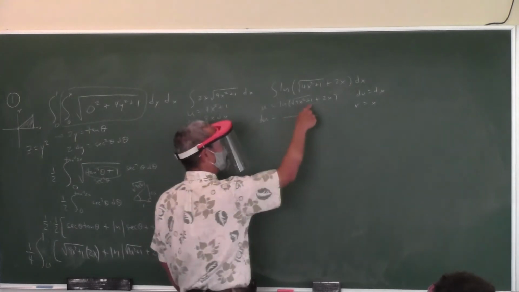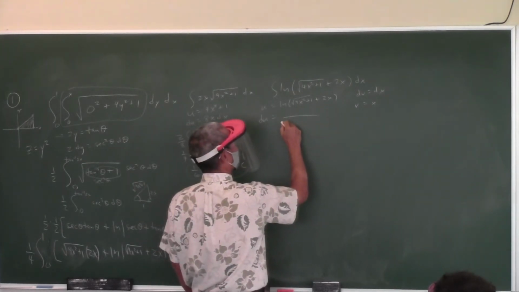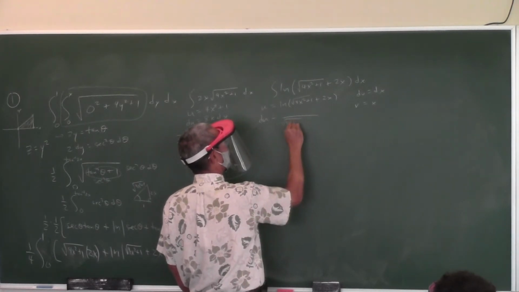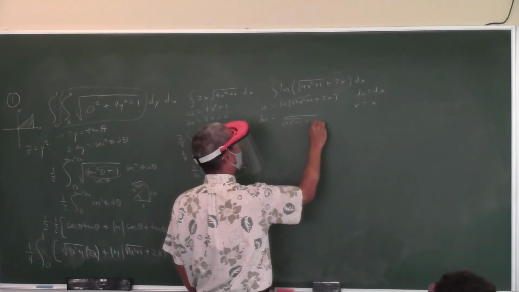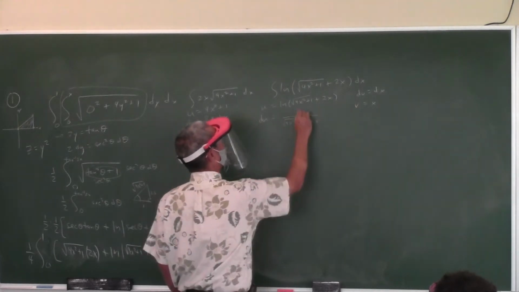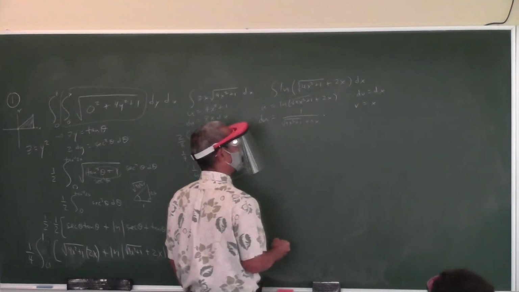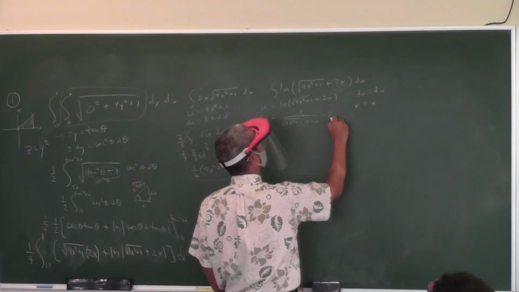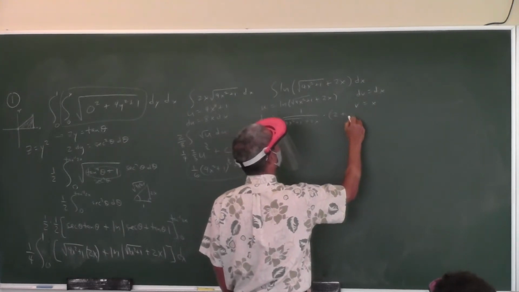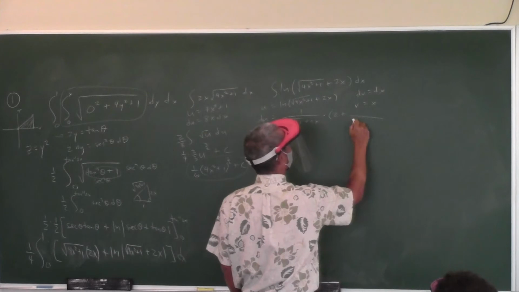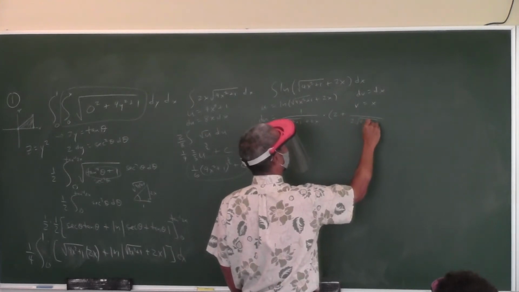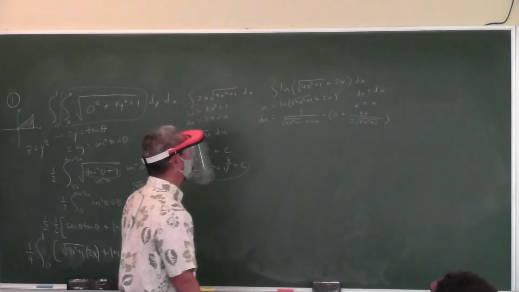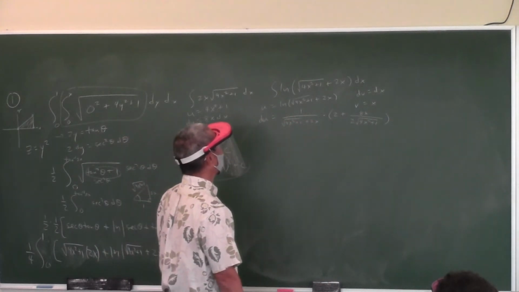Natural log of square root of 4x squared plus 1 plus 2x.